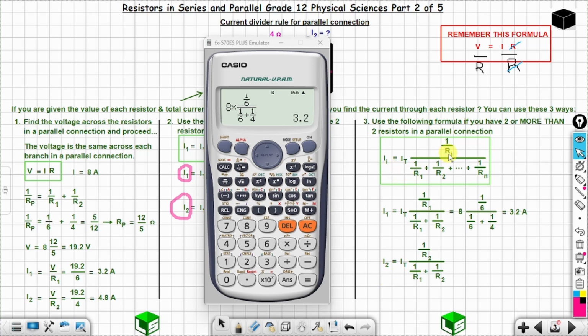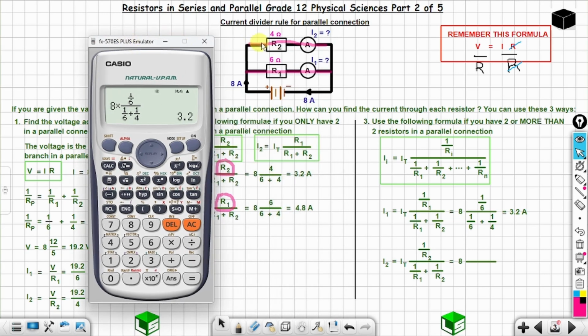Now, you change your I with 2. So this is equal to 8 times 1 over R2. R2 is equal to 4, so 1 over 4, over 1 over 6 plus 1 over 4. This is equal to 4.8 amperes.